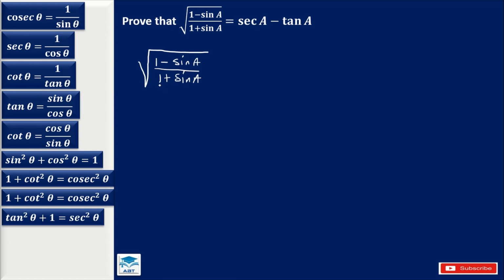The conjugate of 1 plus sine A is 1 minus sine A.